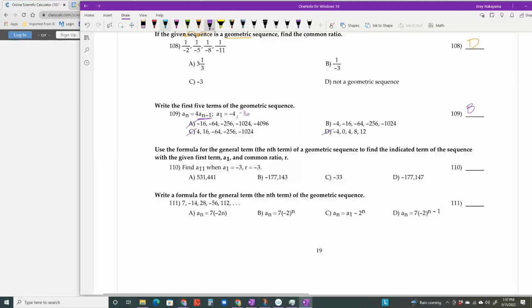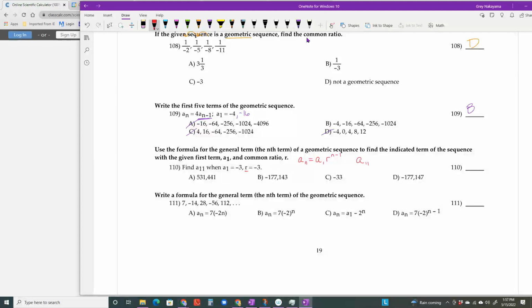110. Use the formula, find a sub 11. Okay. And if I have r, y'all, it's geometric. So a sub n equals a sub 1 times r to the n minus 1. A lot of people forget that minus 1.